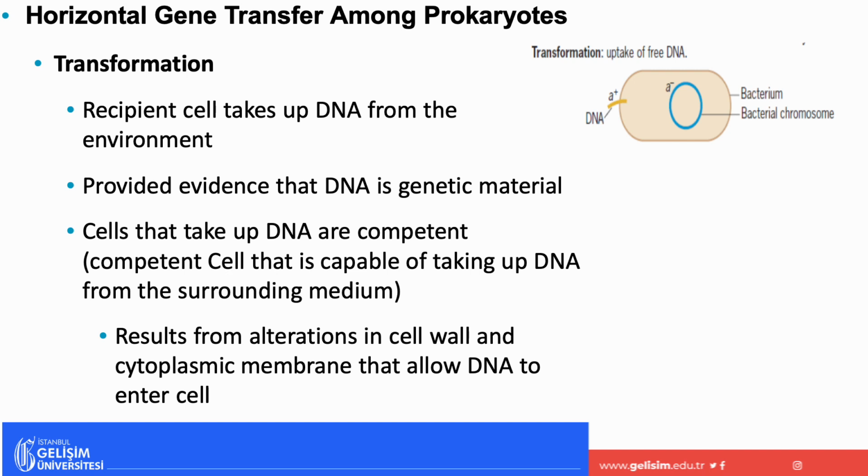Once the DNA is taken up, it can recombine with the recipient cell's genome, resulting in new genetic combinations. So transformation provides the first evidence, okay, that DNA is the genetic material, right? So transformation ended up giving us the first proof that deoxyribonucleic acid is in fact genetic material.